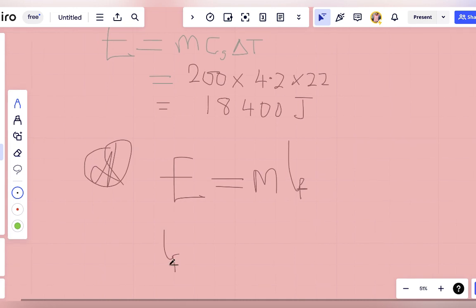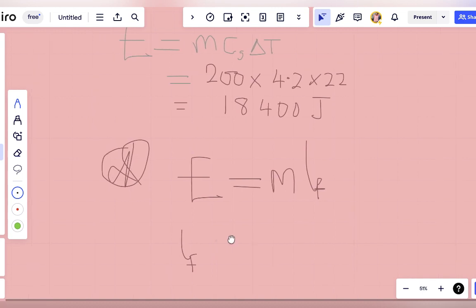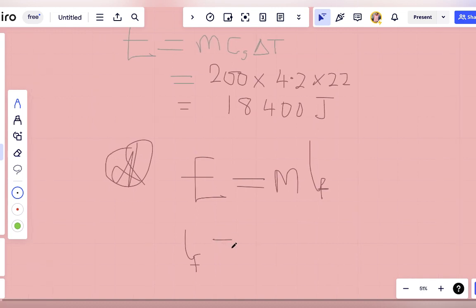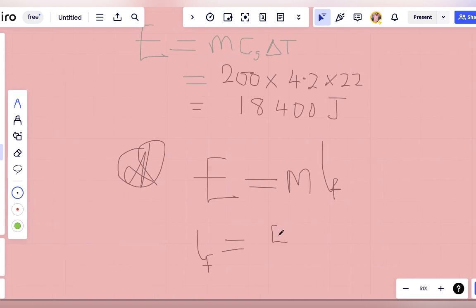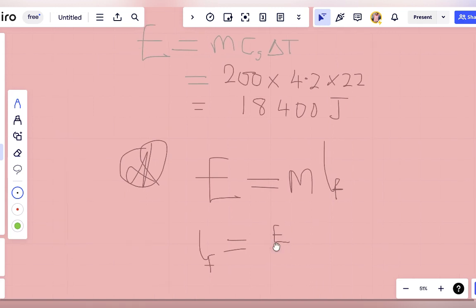So LF, specific latent heat of fusion, is equal to the energy divided by the mass of the ice, assuming all the energy lost here is transferred to the ice. So this energy that is lost, 80,400, divided by the mass of the ice.